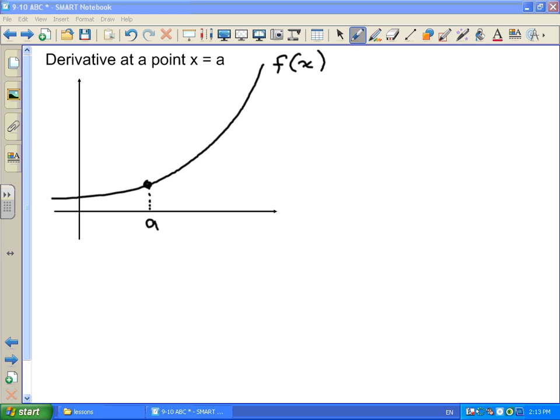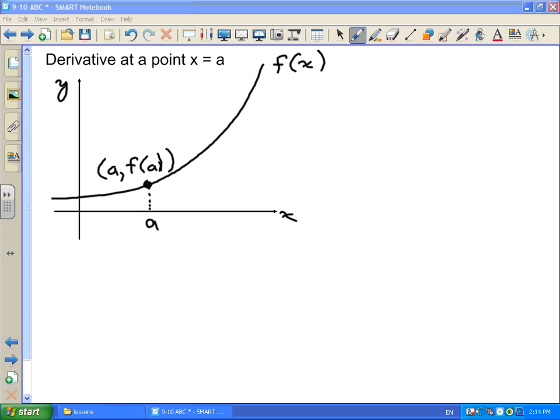I mean, a can be any number we want. I'll label these axes x and y. And what we want to do is find the slope of the tangent at that point A. This point here is going to have coordinates: my x is A, and my y is f at A. Okay, so I can just evaluate the function at A to get the y coordinate.